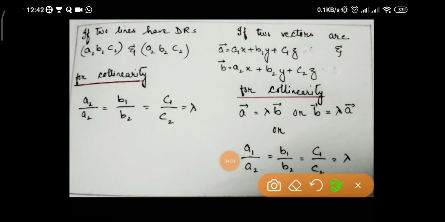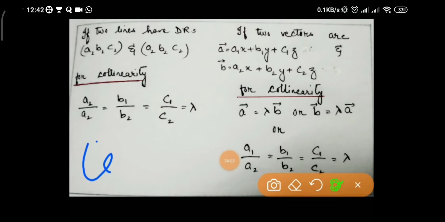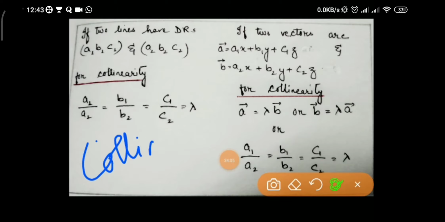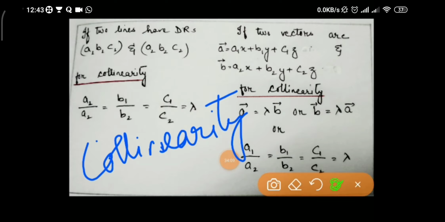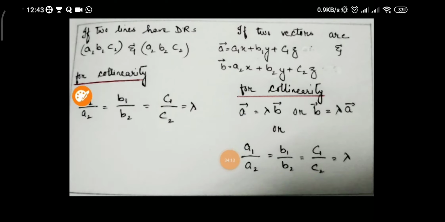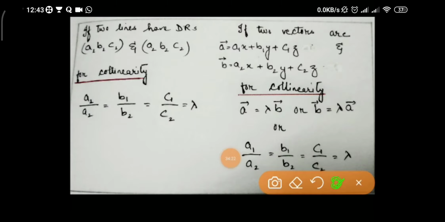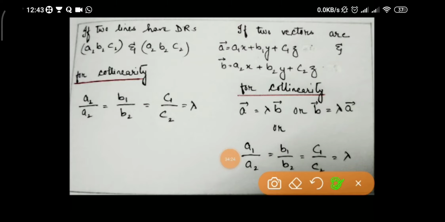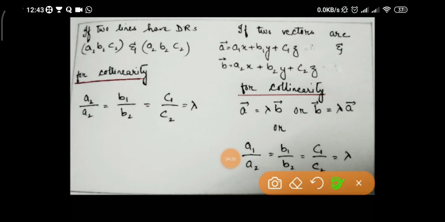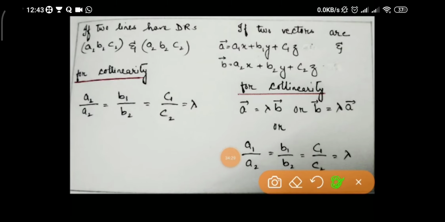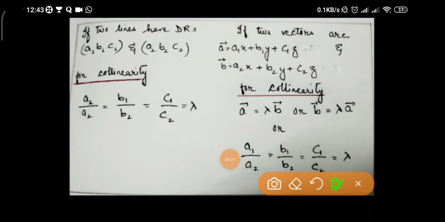Now the heading for this you can write as collinearity. Now in class 10 we have done that if two lines are parallel, then a1 by a2 equals b1 by b2 equals c1 by c2. That is the condition for parallel. Here also we'll have the same thing.